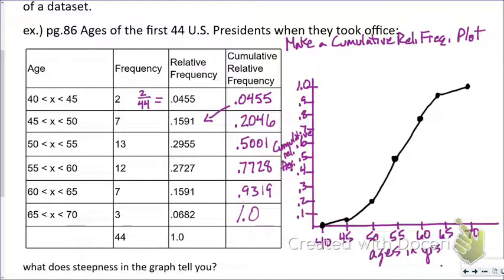It asks a question at the very bottom of this screen: what does steepness tell you? Steepness means that there were a lot of occurrences in that class. If it's steep or steeper, then many occurrences were in that class.